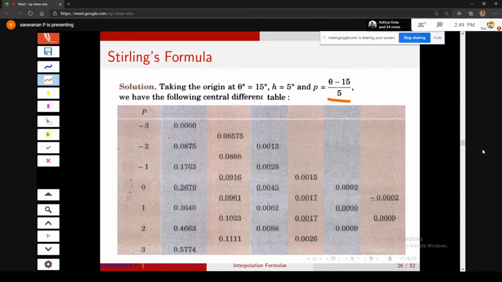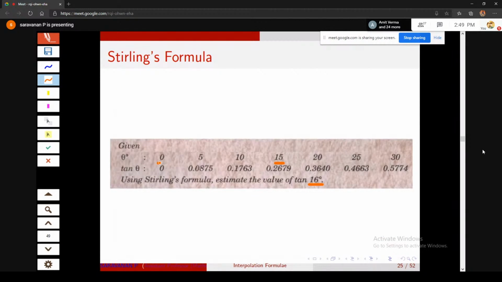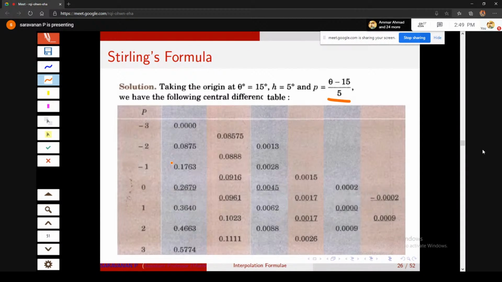When theta equals 0, you will get minus 3. So P is minus 3. When theta equals 5, minus 2. When theta equals 10, minus 1. When theta equals 15, 0. Then 20, 25, 30, etc. Then construct the table.